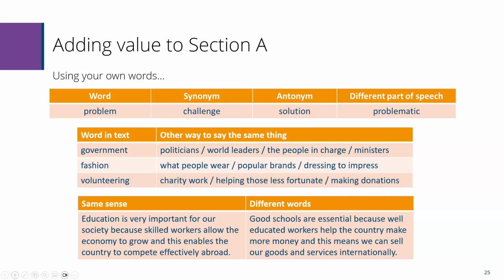And also this idea of same sense, different words, and you can give students practice with this. Education is very important for our society because skilled workers allow the economy to grow, and this enables the country to compete effectively abroad. Good schools are essential because well-educated workers help the country make more money, and this means we can sell our goods and services internationally.